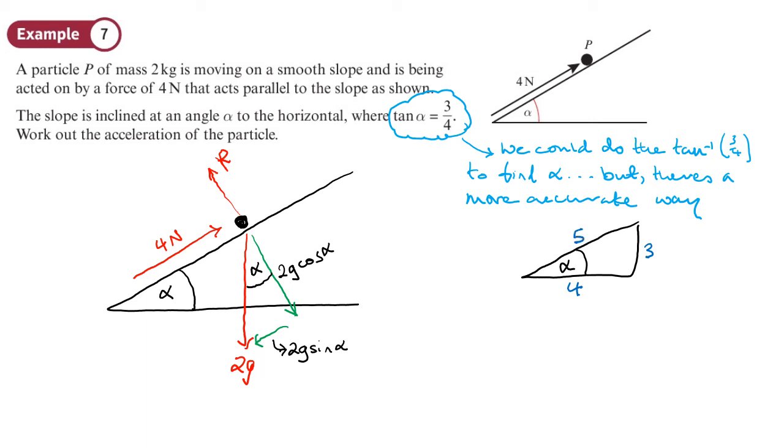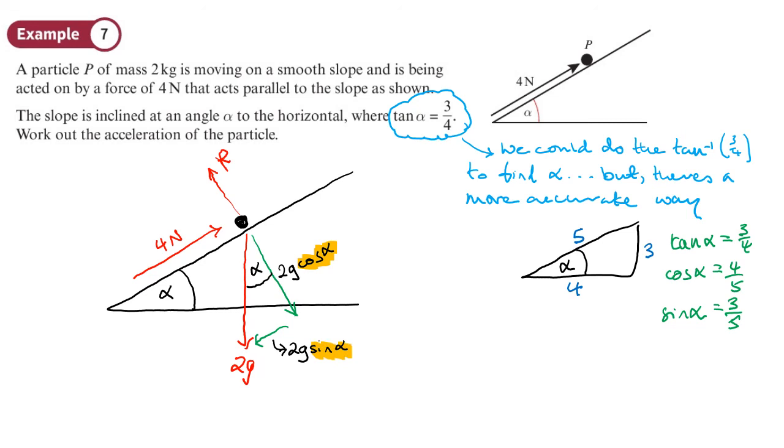Now, could I actually work out what cos of the angle is and sine of the angle? Yes, I can. Cos alpha is adjacent over hypotenuse, sine alpha is opposite over hypotenuse, and looky over here, cos alpha, sine alpha.